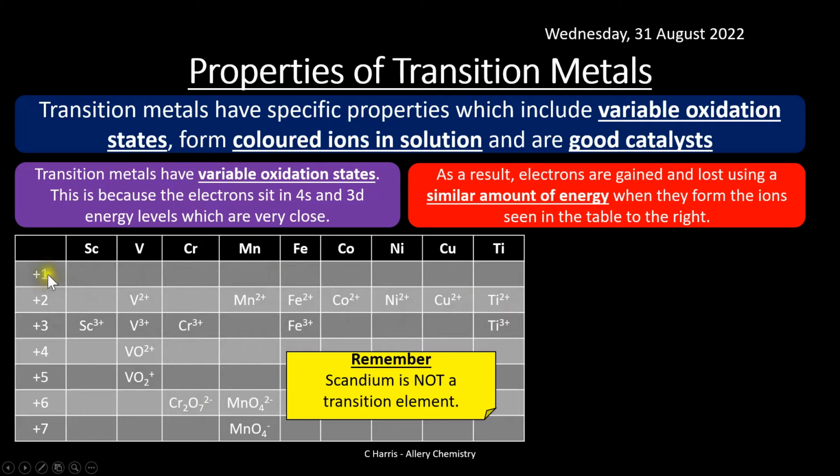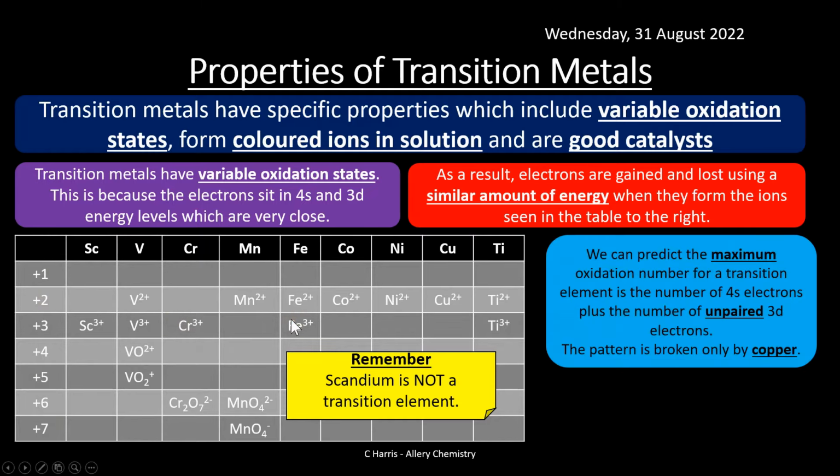Now you can see here these are the oxidation states along the left hand side. You would have seen that in the electrochemistry topic in year 1 when you looked at oxidation states. So if you're not familiar with that, please go back and have a look at that. It's really important. But transition metals can have varying oxidation states, and that makes them quite versatile.